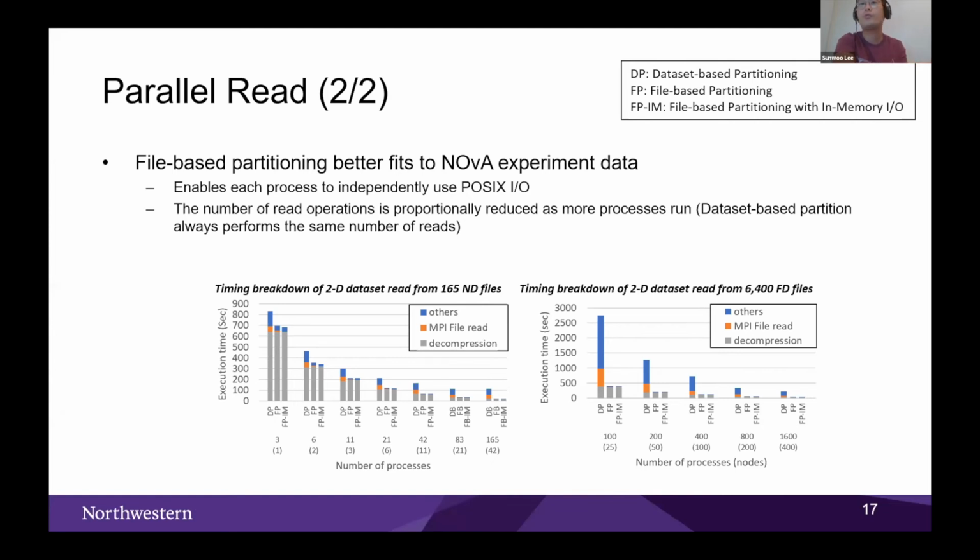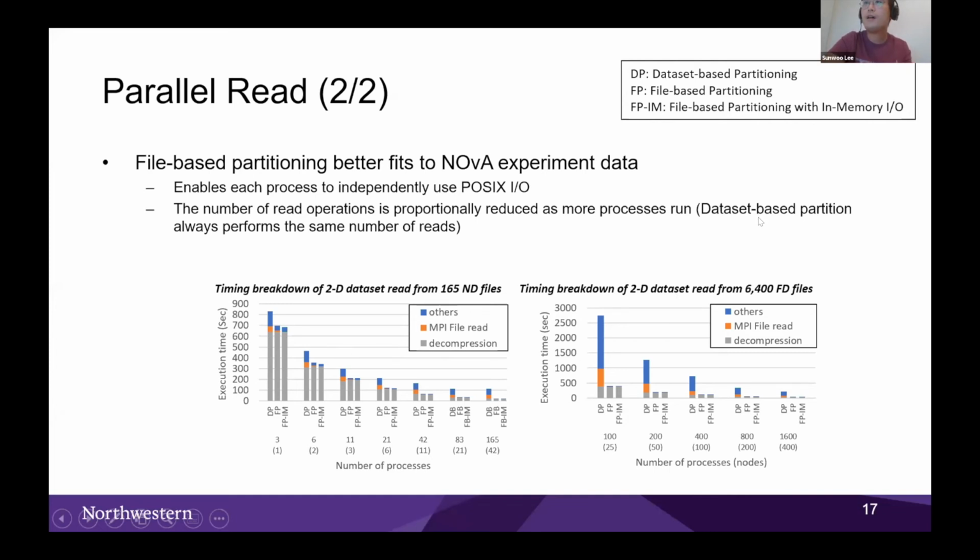Of course, we will be using more memory space. The reason for ND files is mostly the decompression time, and others here means the metadata handling. So metadata cost goes down and decompression cost is almost the same.